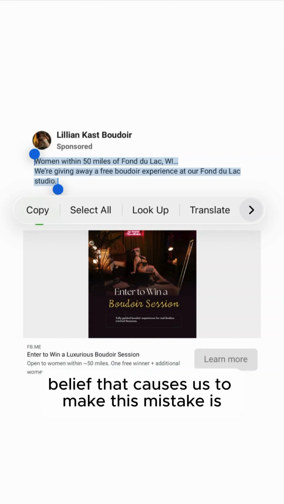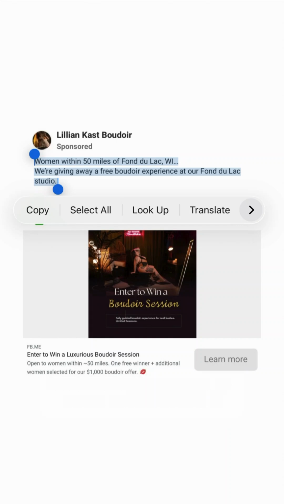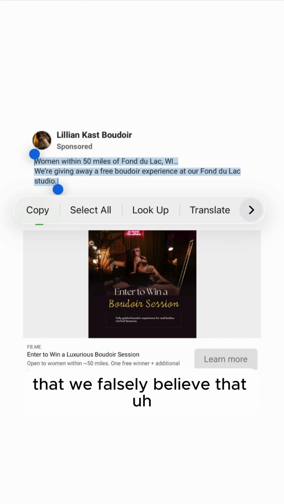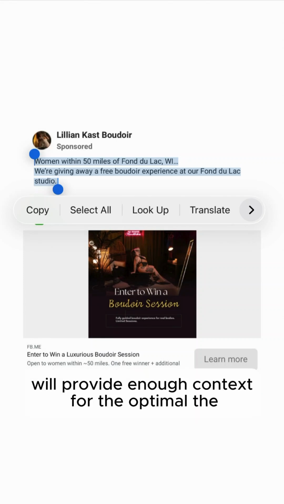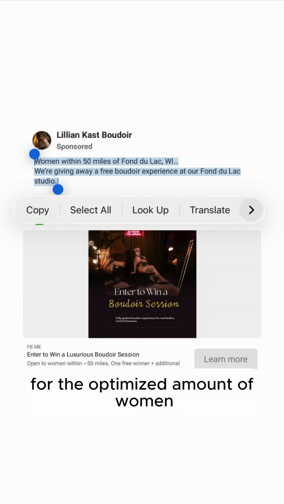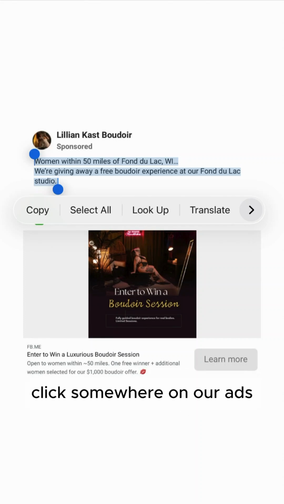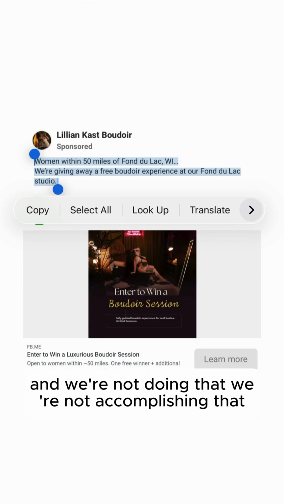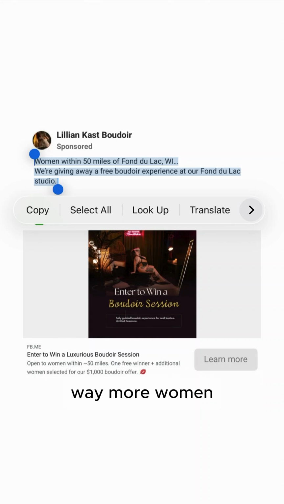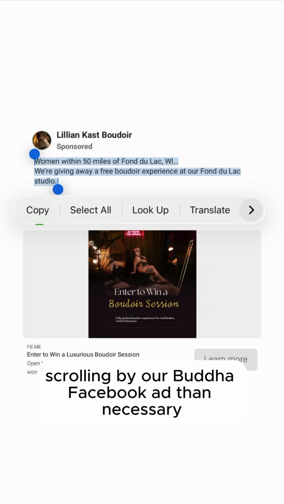The false belief that caused us to make this mistake is that we falsely believe that we're providing enough context for the optimized amount of the correct women to come through and click somewhere on our ad so our ad gets into their brain. And we're not accomplishing that. So the consequence is we're going to have way, way, way more women scrolling by our boudoir Facebook ad than necessary.